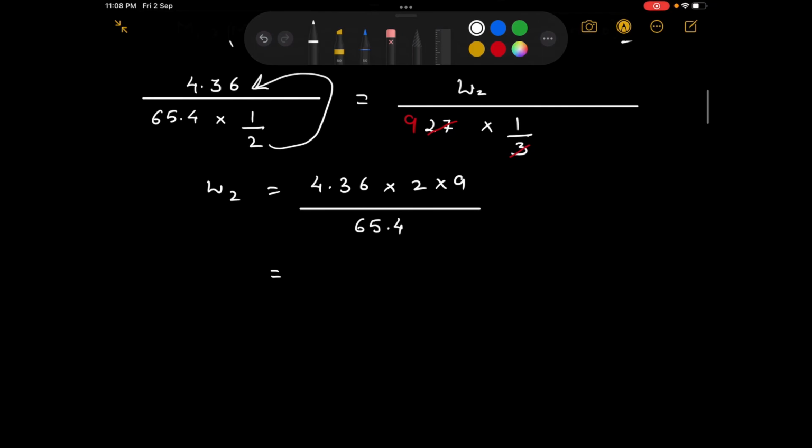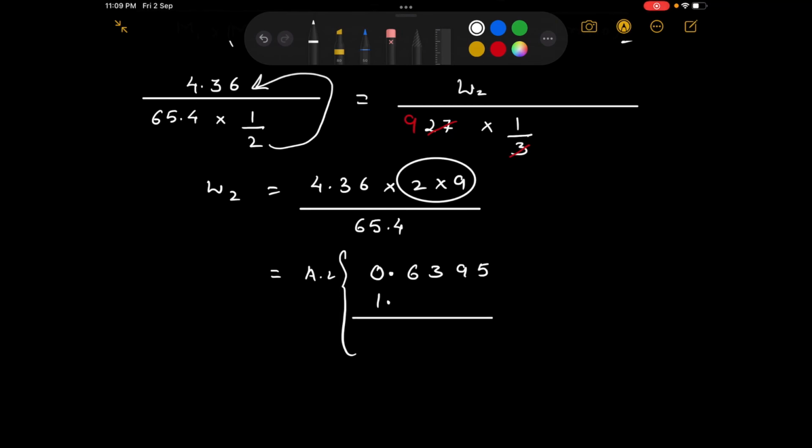This is equal to, using log here, 4.36, the characteristic would be 0. The log of 436 is 6395. This will take it as 18. So the characteristic is 1 for 18. And the log is 2553.